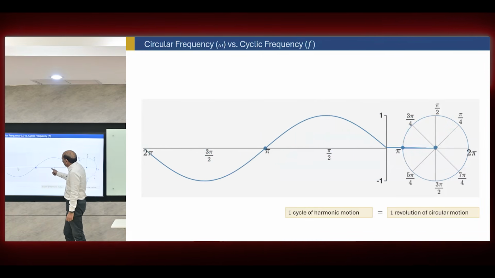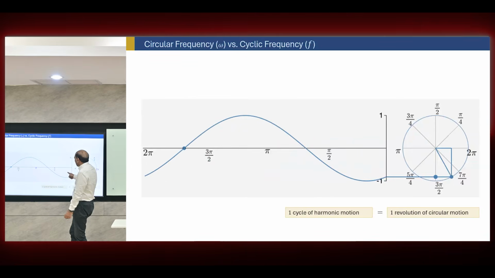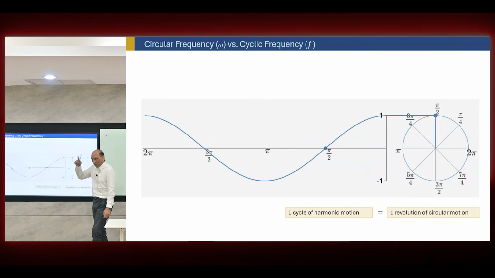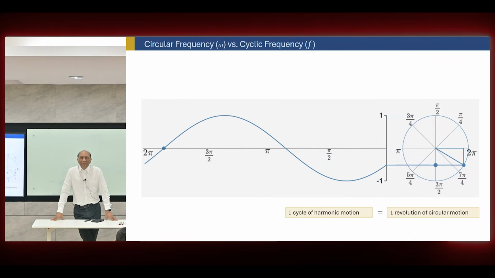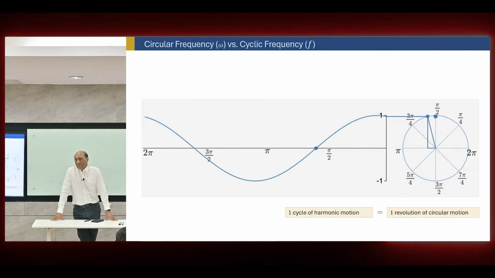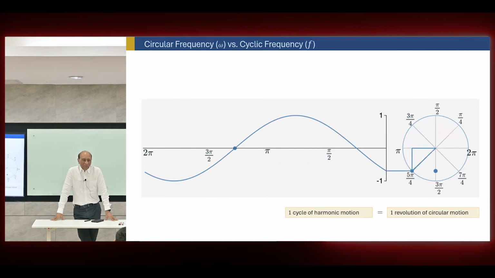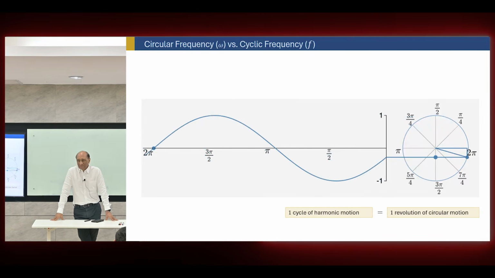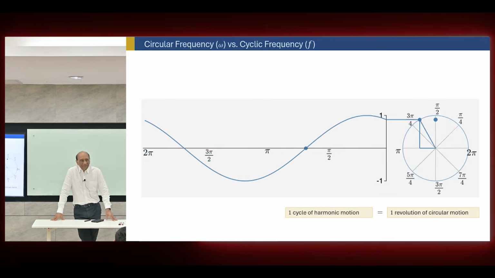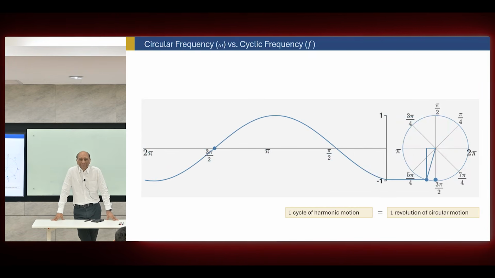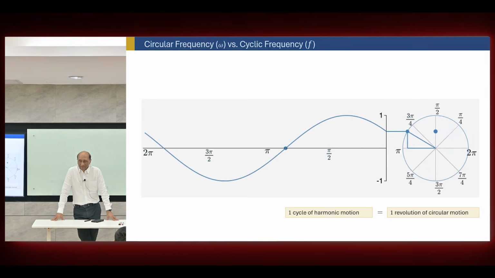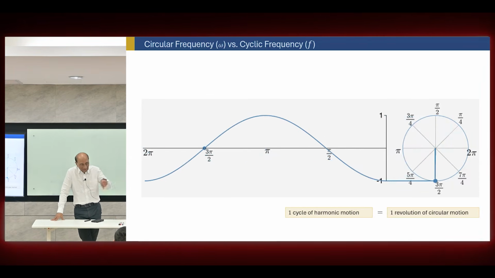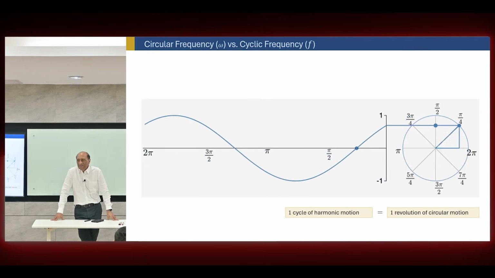So this one cycle of the motion from here to here, one round of the circle, is one period, one natural period, one cycle. The time it takes to complete one cycle, that is the natural period of a structure. And how many cycles are there in 1 second?